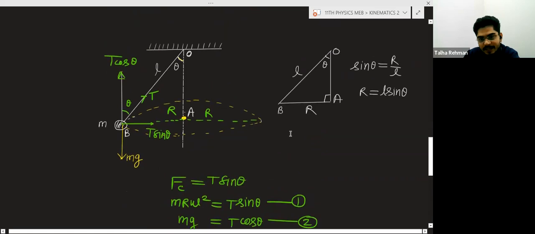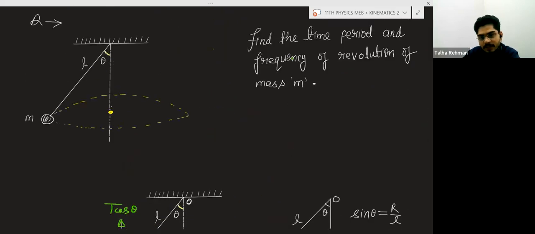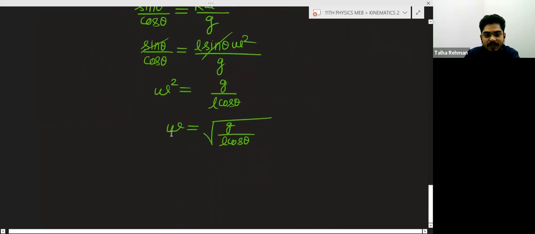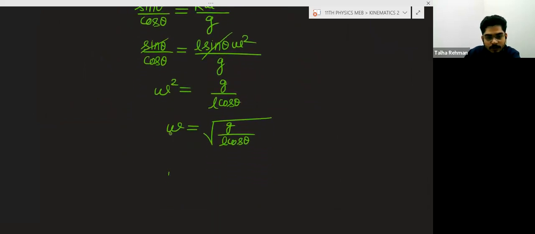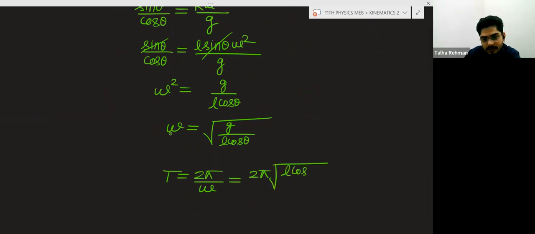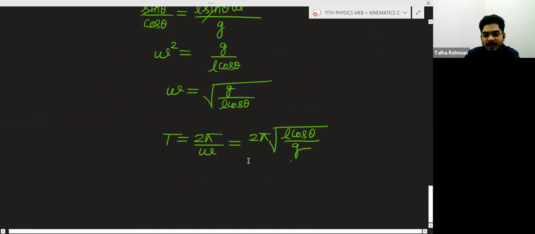Now we have to find the time period and the frequency. There is a relation between the time period and omega. So time period is equal to 2 pi divided by omega. So time period you can write as 2 pi under root of L cos theta divided by g. Okay, so this is the time period. Now frequency is 1 upon time period.